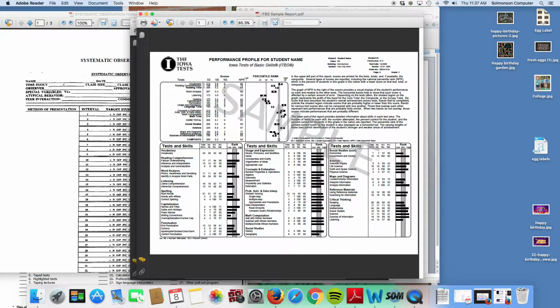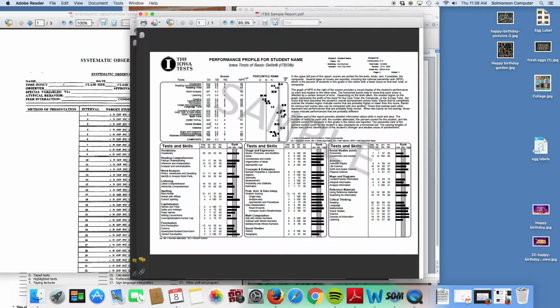They take vocabulary and reading, and those two subtests come together to give you a reading total. Then you have six individual subtests that come together to give you a language total. Then you have three that come together to give you a math total. And then these totals, reading, language, and math, give you a core total.